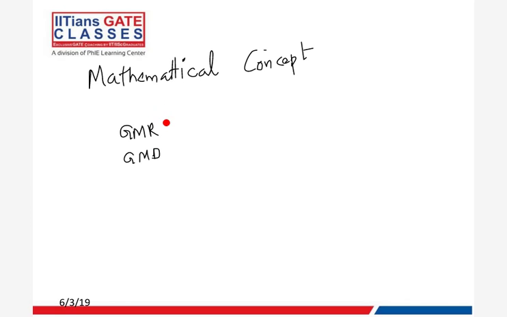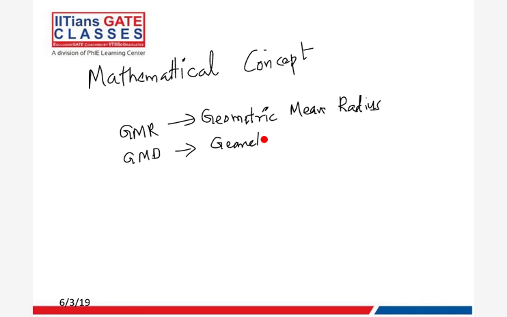So this is called as geometric mean radius, right? Geometric mean radius. And this is geometric mean distance, right?